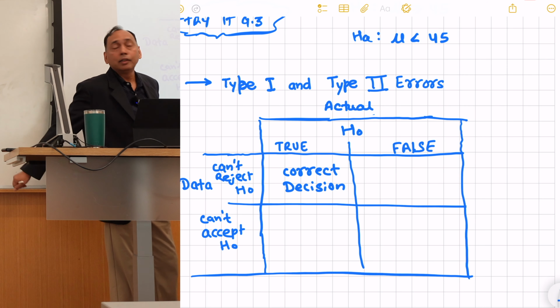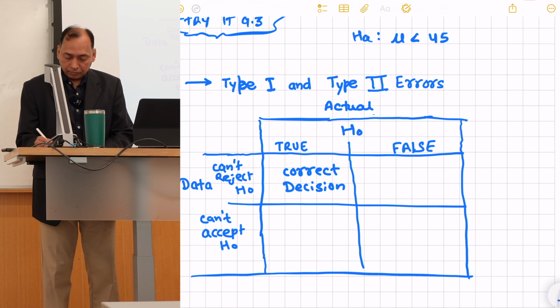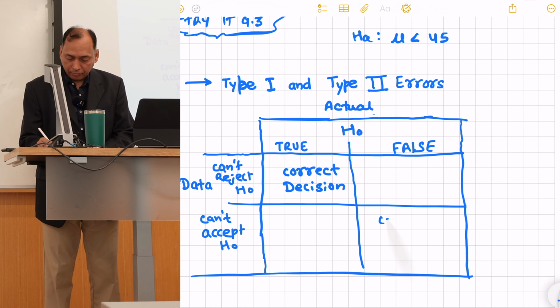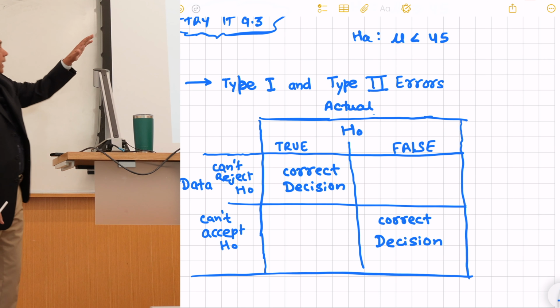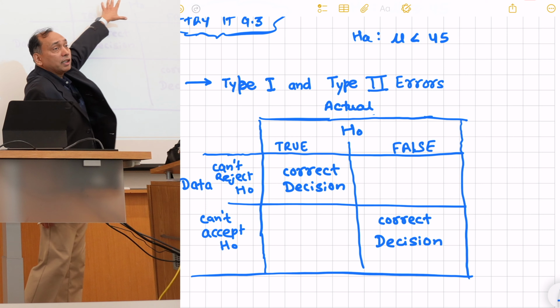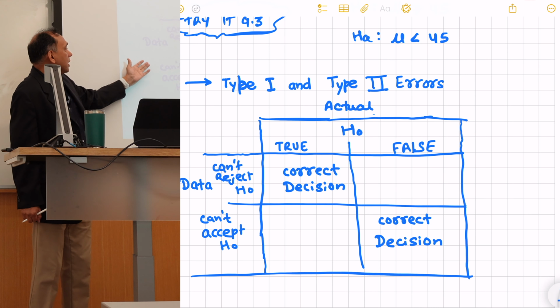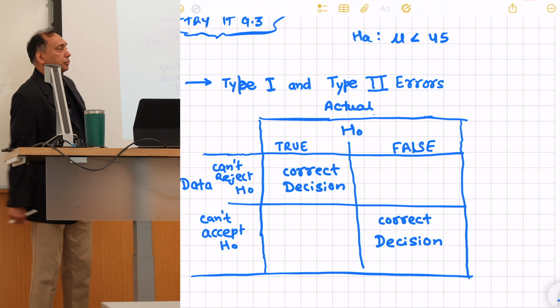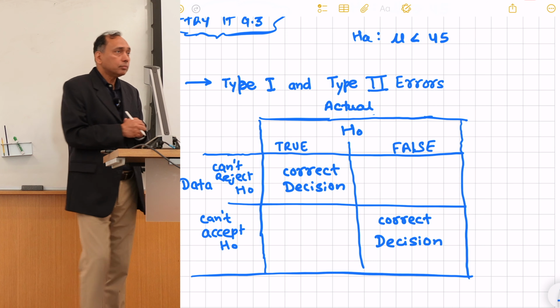That also is a correct decision. So on the diagonal you have actual and your data matches. You can think of this as reality in the population, and this is based on what you see in the sample. If they match, that's a correct decision.